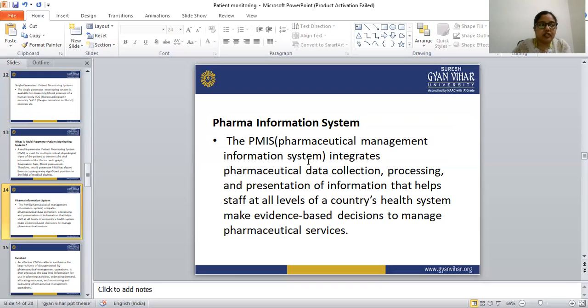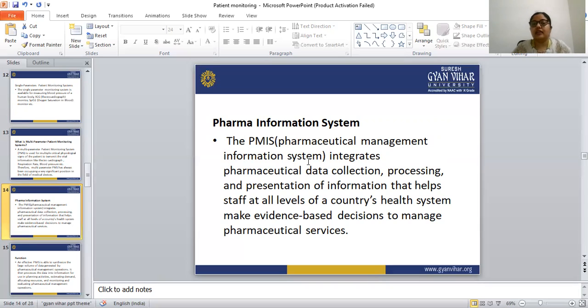And the PIS is used by the pharmacy department, including clinical screening, prescription management, inventory management, patient drug profiles, report generation, and interactivity with the other systems.